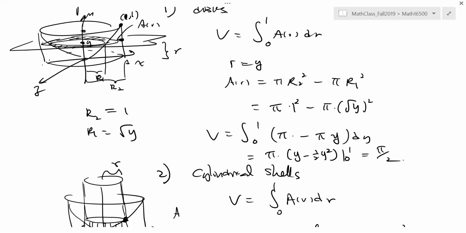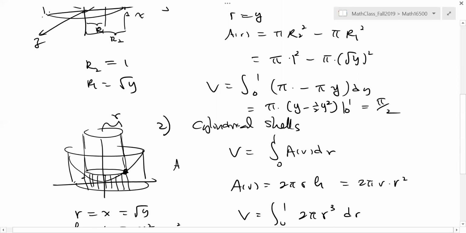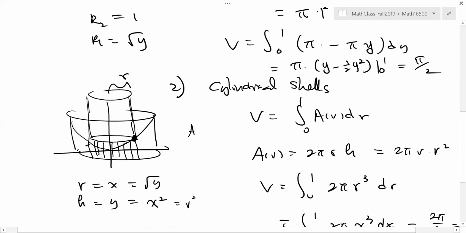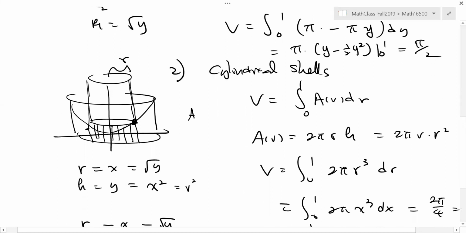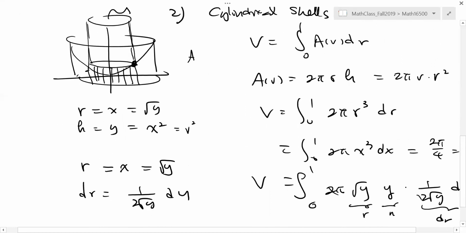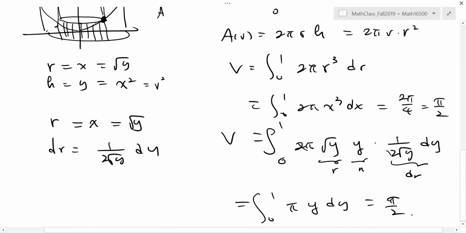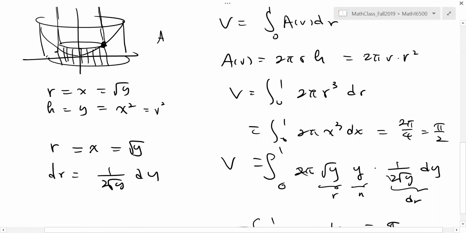Okay, so if you are able to set up two integrals correctly, then for the second, the cylindrical shells, you have three options: r, x, and y. The most common formula will be the formula using the x variable.